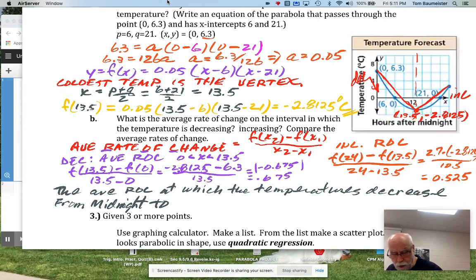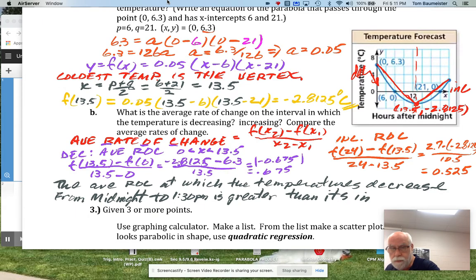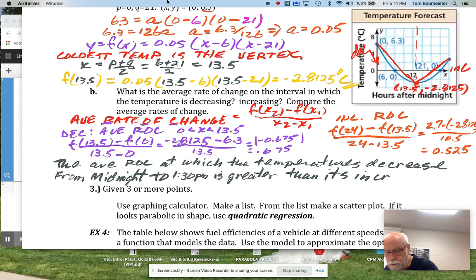So that would be 1:30 p.m. is greater than its increase from 1:30 p.m. to, well, basically our next midnight.